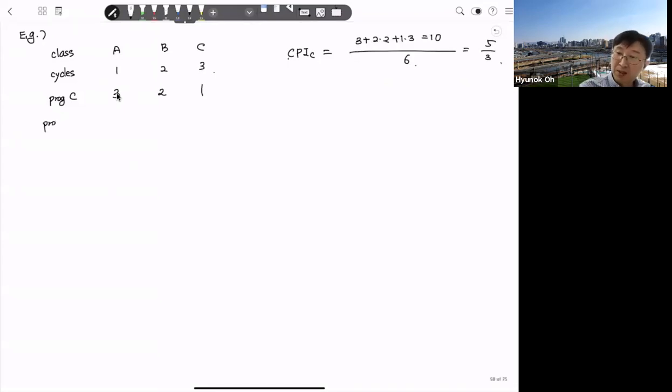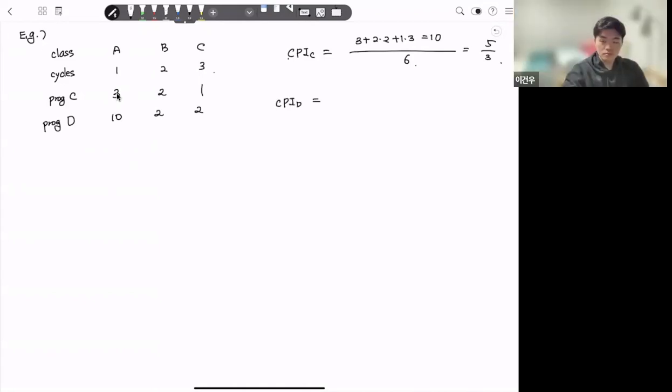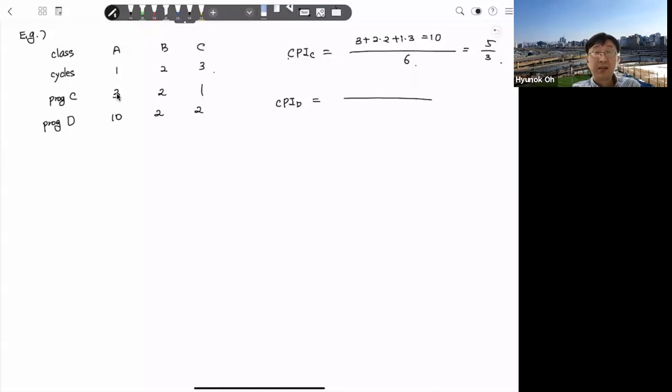Let's look at program D. It has 10, 2, 2. Then what's the CPI? The cycles are 20.